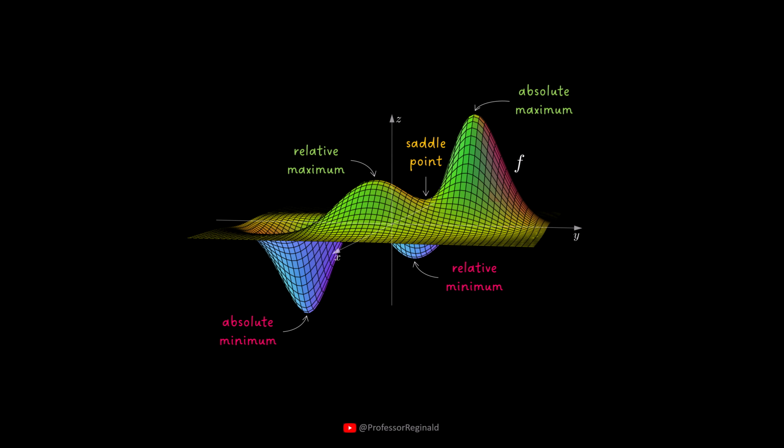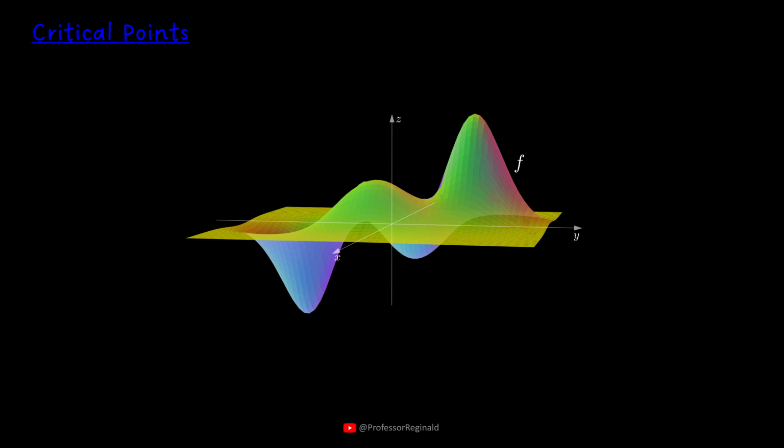To be able to identify the extreme values and saddle points of a function, we first need to locate its critical points. A critical point can be any point in the domain such that at least one neighborhood containing the critical point is inside the domain.